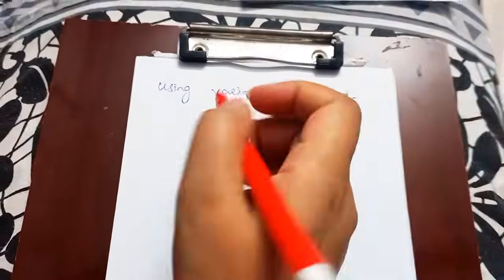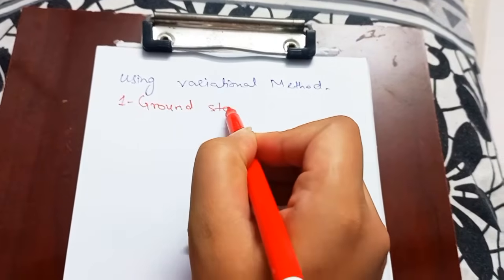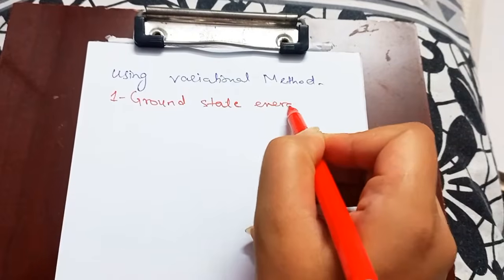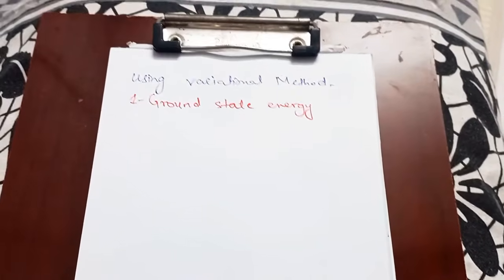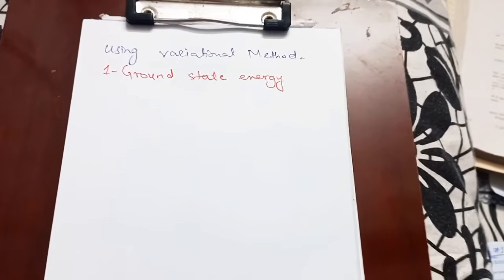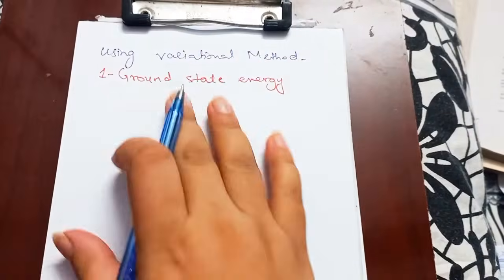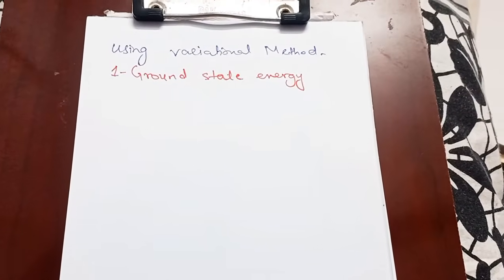We'll give that heading: ground state calculation using the variational method, so that we know that we are focusing on this state for now. Then we'll do it for the first excited state and then for the second excited state.